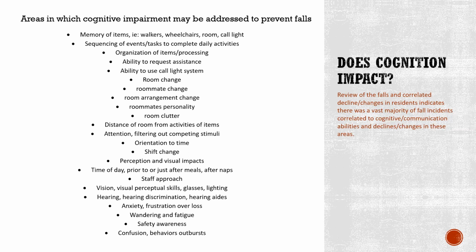Any changes in glasses, lighting, hearing aids, all of those things can impact cognition and therefore impact the fall risk. So when you're thinking about falls, when you're looking at what interventions to put in place, look at these pieces also during your root cause analysis.